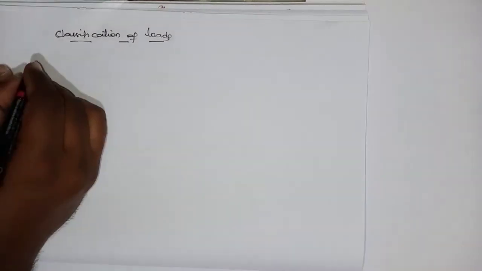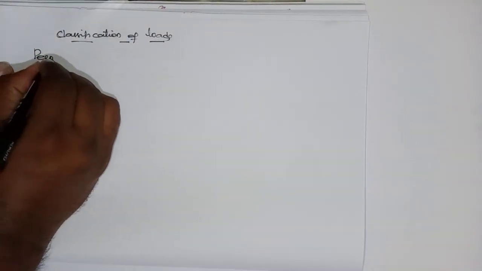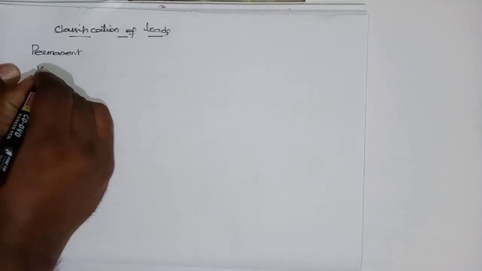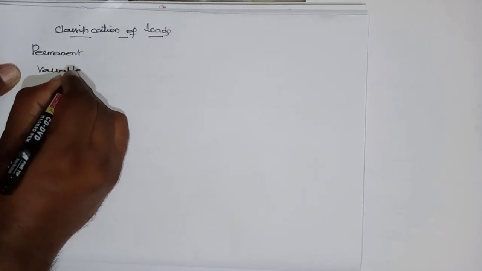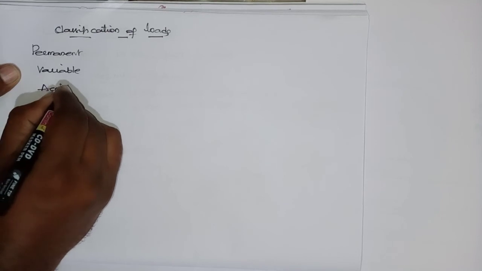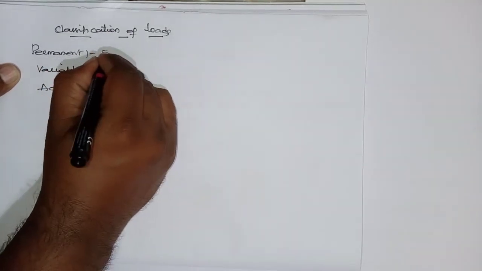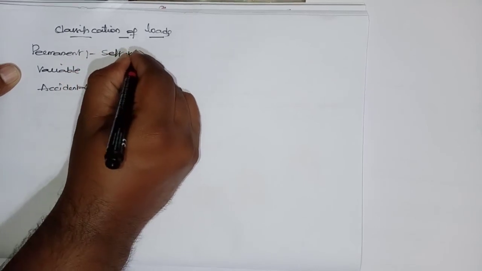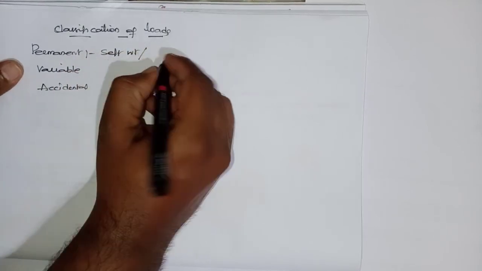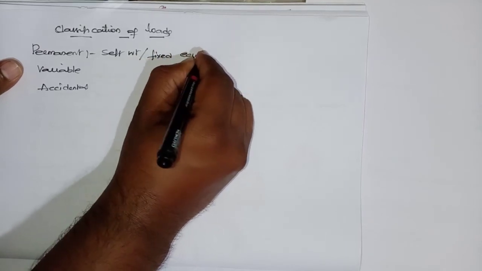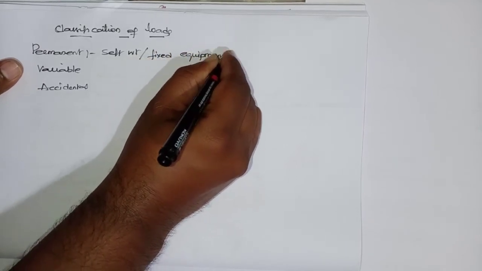So there are permanent, variable, and accidental loads. Now which loads are to be considered permanent? Self weight of a structure and some fixed equipment, those weights are also permanent.